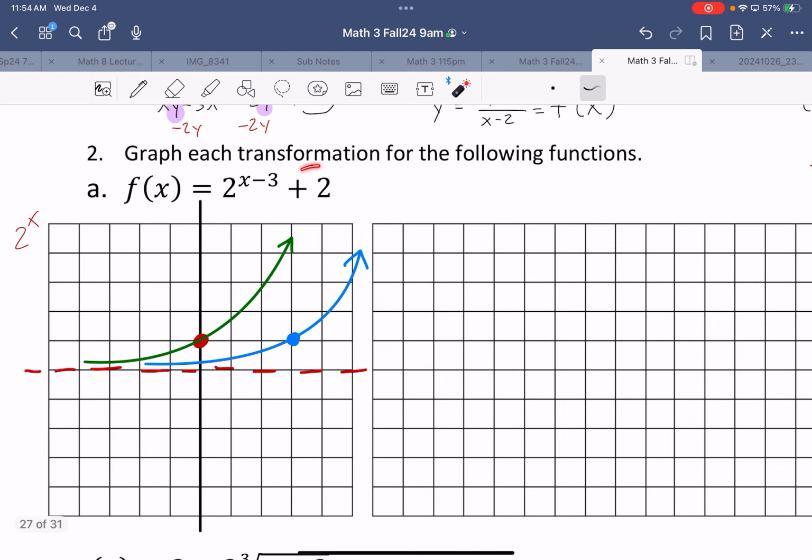The only time it is going to move is if I look outside to see if there's anything, transformations. This here is not outside. This is part of the function. It's what makes it an exponential, a base. But this 2 moves the whole graph up, which means you're going to also have to move your horizontal asymptote up by 2.